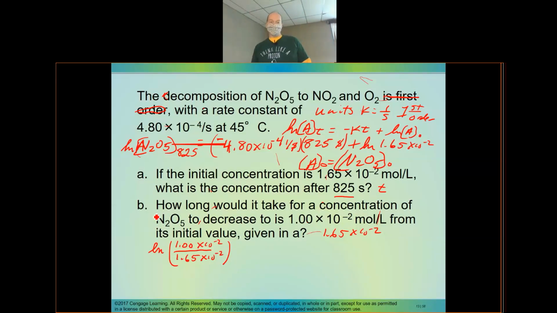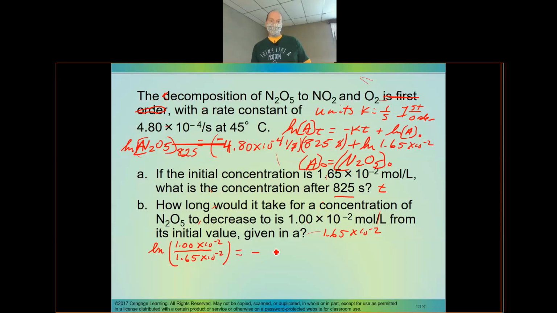If you do the ln of 1 times 10 to the minus 2 and then divide by 1.65, it's going to take the ln of 1 times 10 and then divide by 1.65. That is not what it's telling you to do. You have to get that division first. You're taking the ln of that quotient. All right, and that is equal to negative kt.